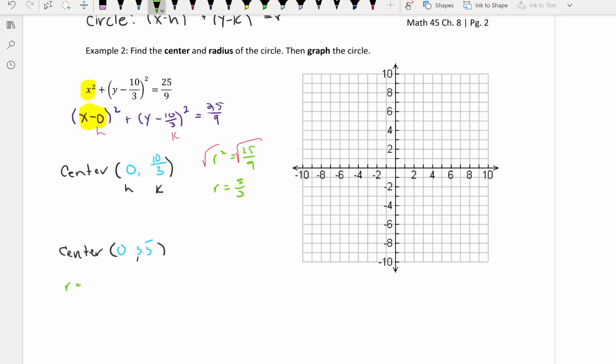And your radius, since it's 5 divided by 3, is about 1.6 repeating. It doesn't have to be perfect, but let's see what this looks like. I have a 0 and a 3.3, so somewhere over here. And my radius is 1.6, so I'm going to go over 1.5.